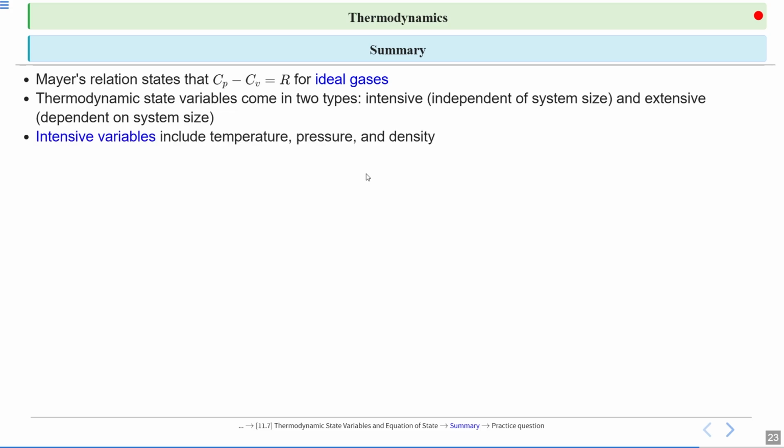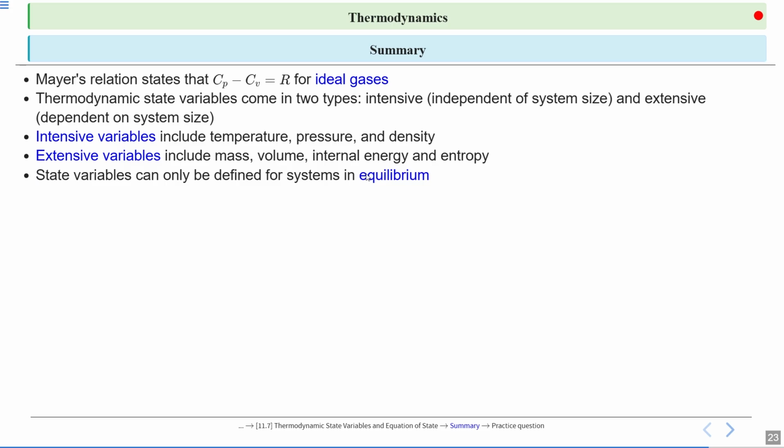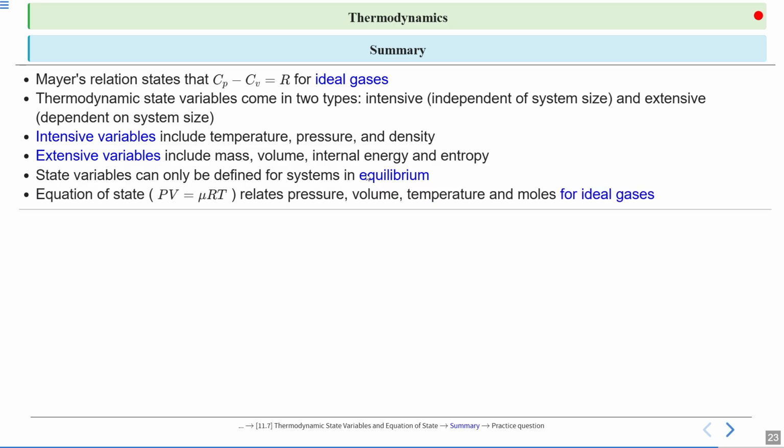Intensive variables include temperature, pressure, and density, whereas extensive variables include mass, volume, internal energy, and entropy. State variables can only be defined for systems in equilibrium. The equation of state PV equals mu RT relates pressure, volume, temperature, and moles for an ideal gas.